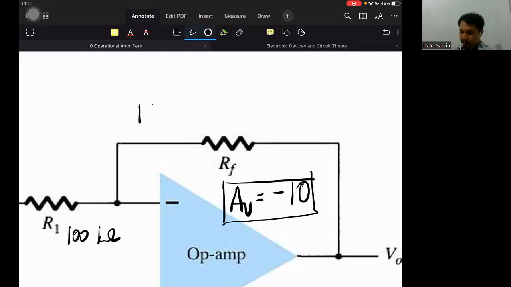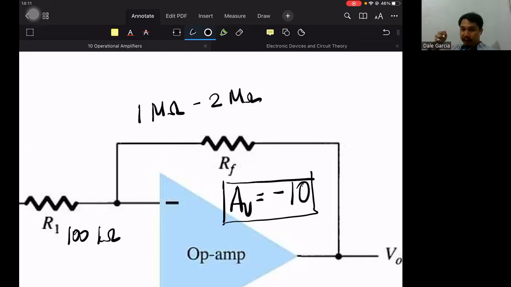Now, what if our RF feedback resistor, that's why it's called RF, is a variable resistor from 1 mega ohm to 2 mega ohms?